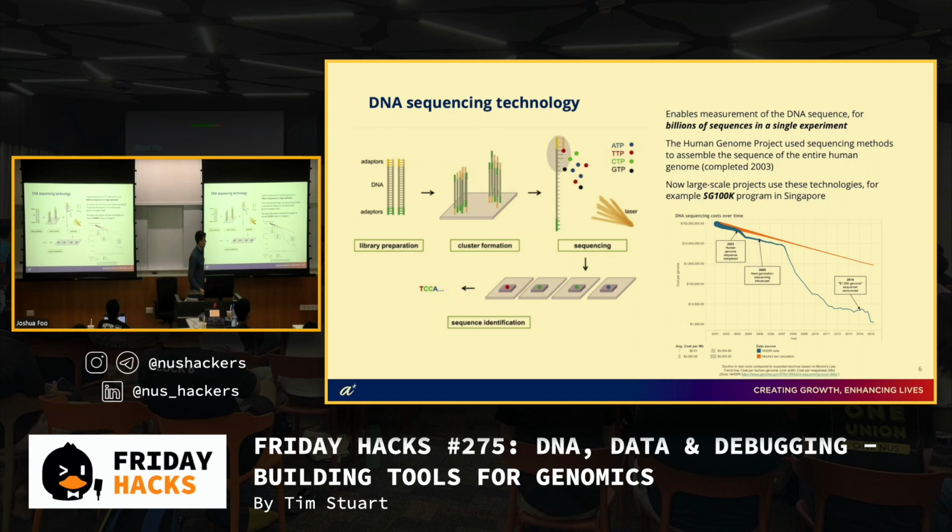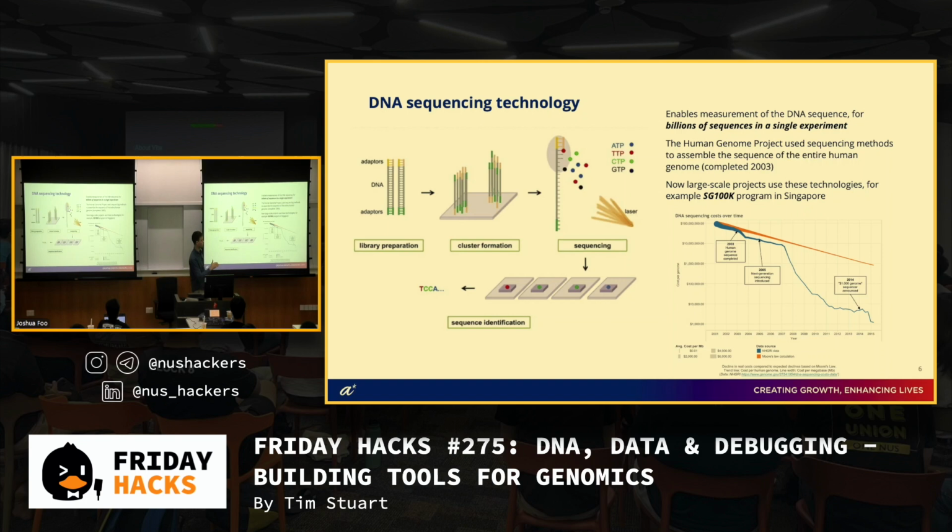And so what this plot over here shows is how the cost of doing this has really fallen over the past 20 years. Around 2001, the Human Genome Project announced the first draft sequence at a cost of around $100 million for one human genome. And the orange line shows Moore's law.